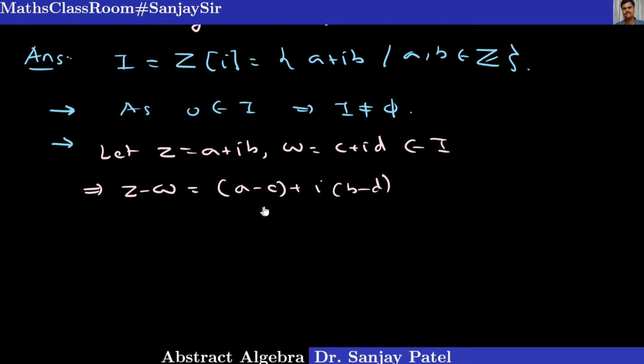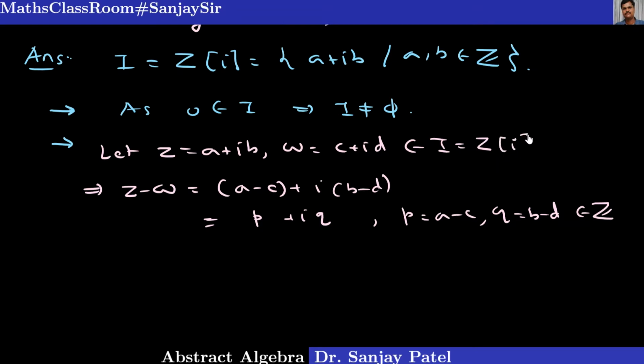So it is also of the form, say, p plus i into q, where p is equal to a minus c and q is equal to b minus d.